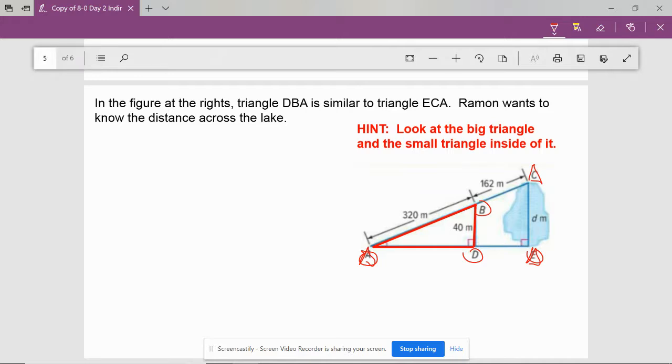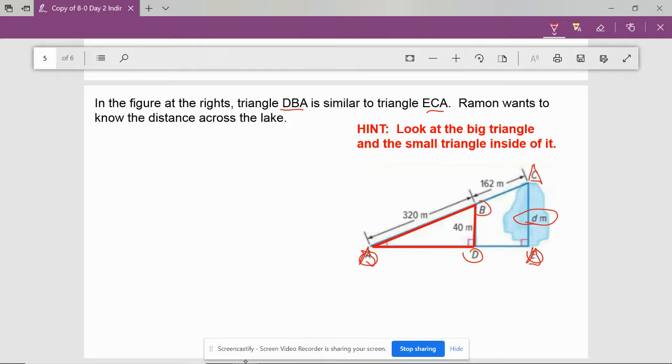So Ramon wants to know the distance across the lake. A hint would be to look at the big triangle and the small triangle inside of it. So you always want to look for these. And again, we're labeling triangles by using their points. So we look at these two things. As we set up our proportions, what we're looking for is that missing side.